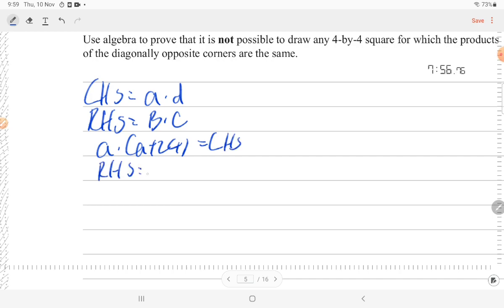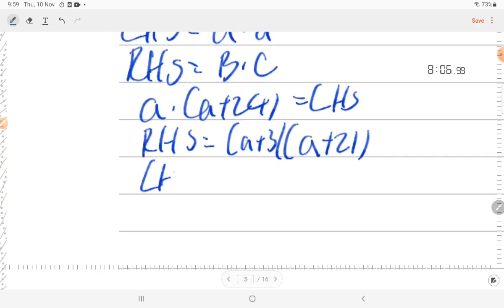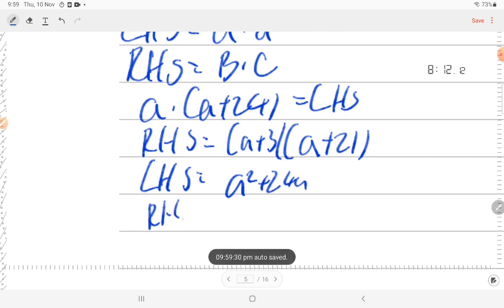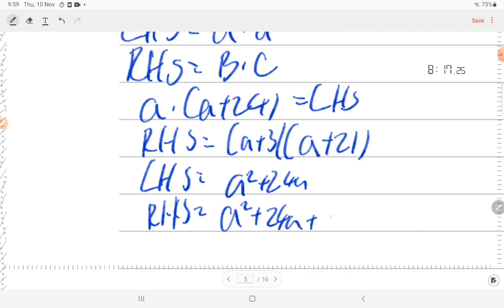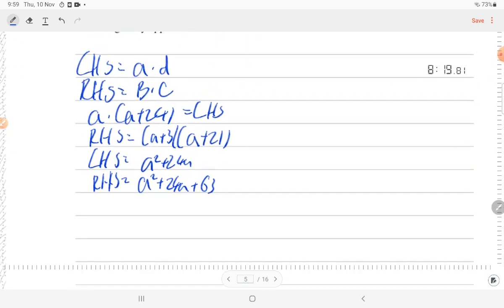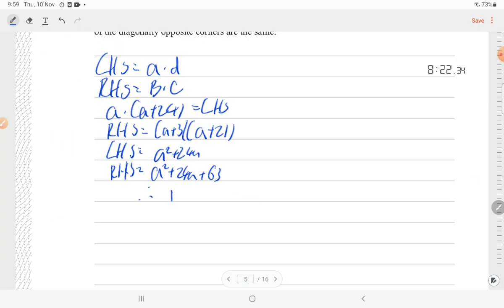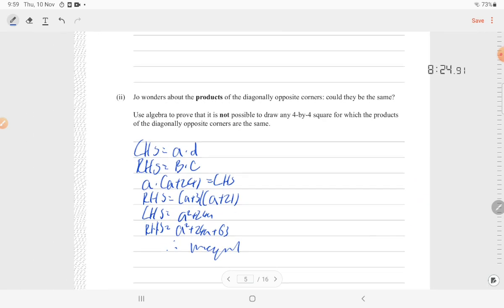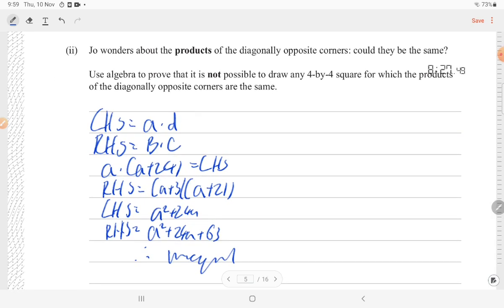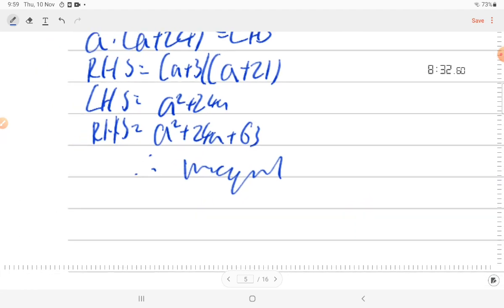Right hand side is equal to, what was it? a plus 3 times a plus 21. So left is a squared plus 24a. Right hand side is equal to a squared plus 24a plus 63. Therefore unequal. Just to prove that it is not. Yeah, okay, it is not possible.